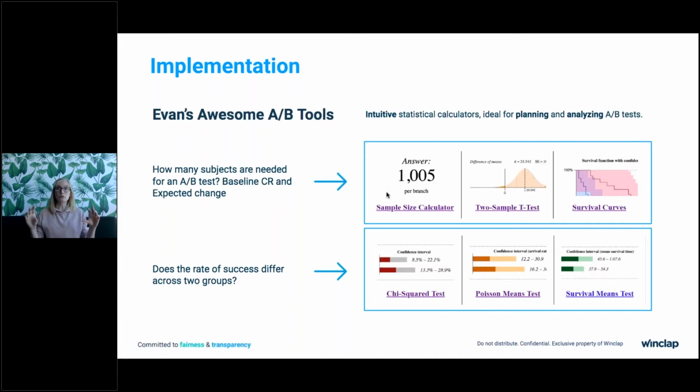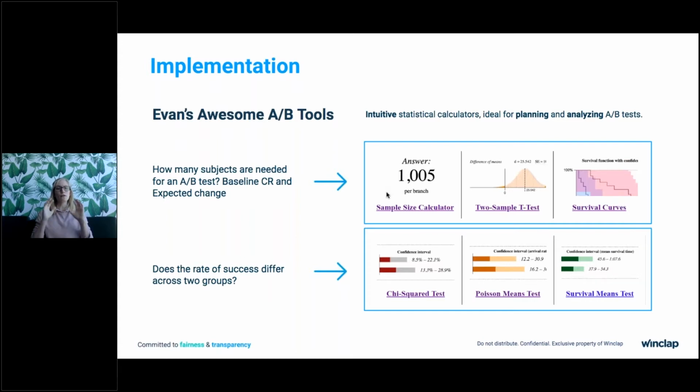That sample size will be the number of unique users you need to reach on each of the campaigns in order to have statistical significance, all right? So there you need the baseline conversion rate and the expected change, and there you will have your number of users, okay? So the sample size will be the users in each group.